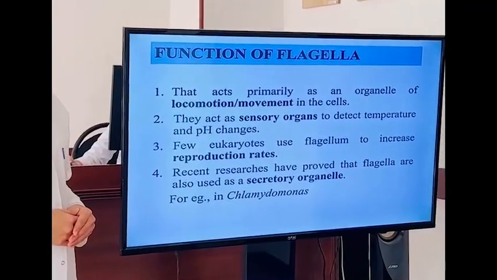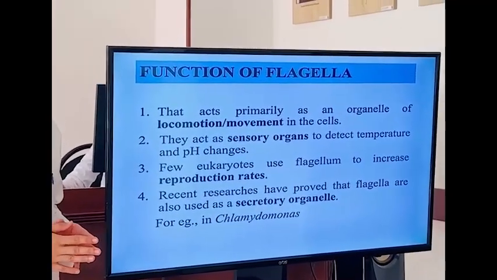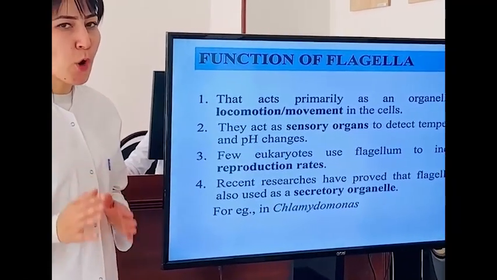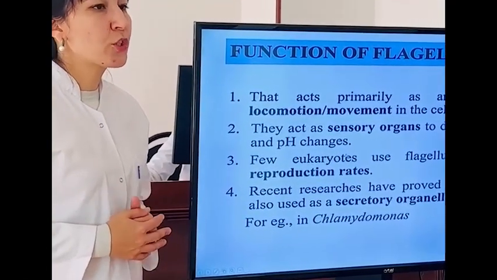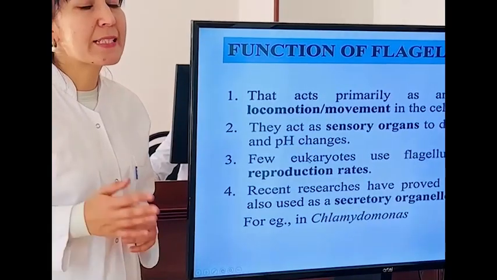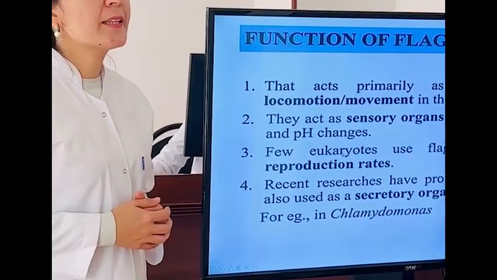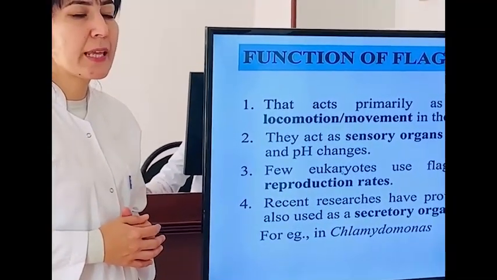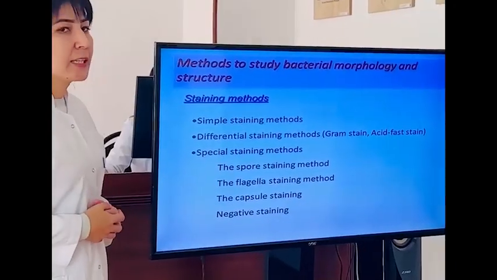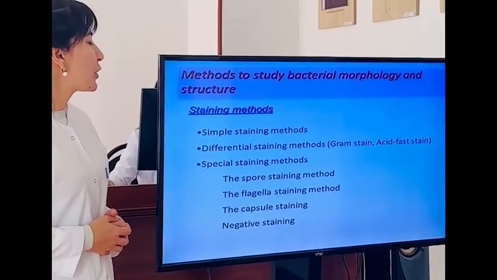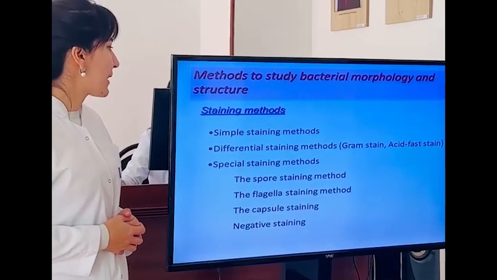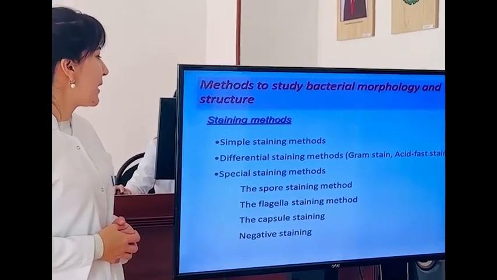One of the important functions of flagella is movement of the cells, and they act as sensory organs to detect temperature. We also have methods to study bacterial morphology and structure, the staining methods.